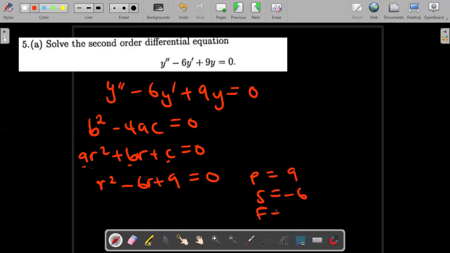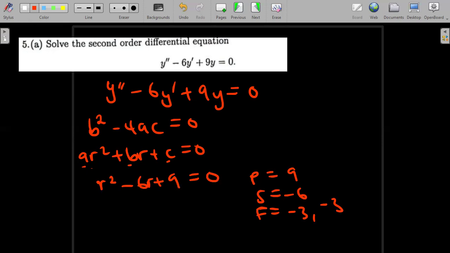So your factors are going to be -3 and -3, because when we multiply this, we get +9, and when we add, we get -6. So this factors to r minus 3, then r minus 3 equal to 0. Then you just have r equal to 3. So both of them just give you r equal to 3.